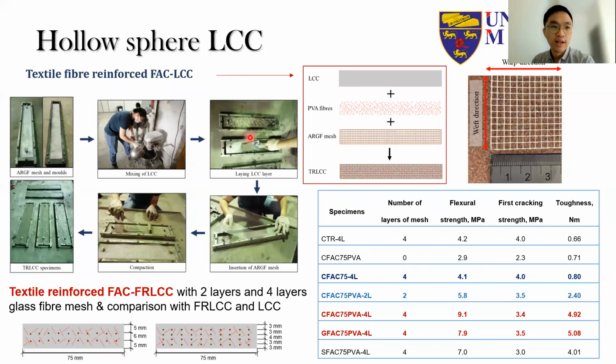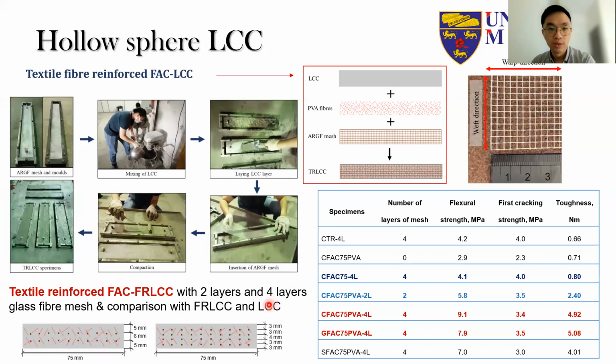Okay, so we end up with a textile fiber reinforced fly ash cenosphere LCC. In this case, we tried two different numbers of layers of the fiber mesh. We tried 2 layers and also 4 layers, and we make a comparison.